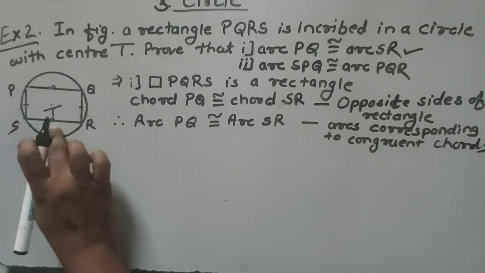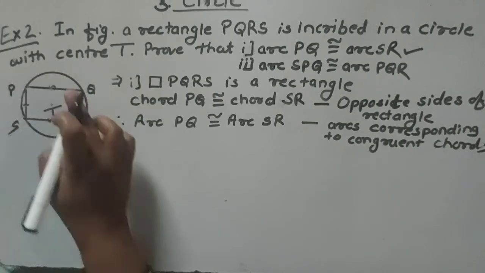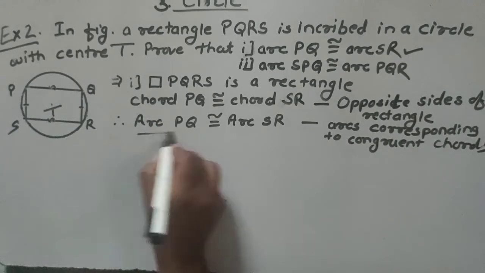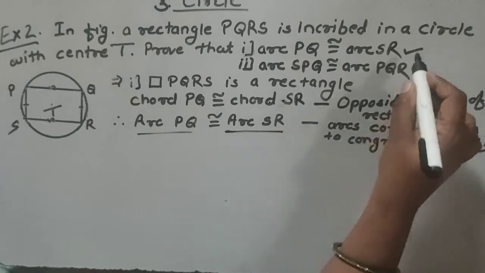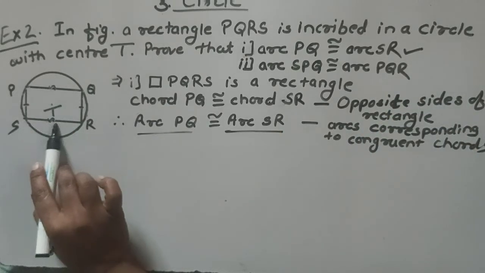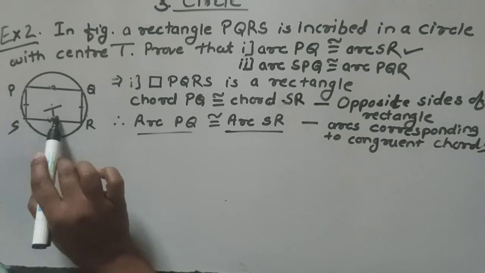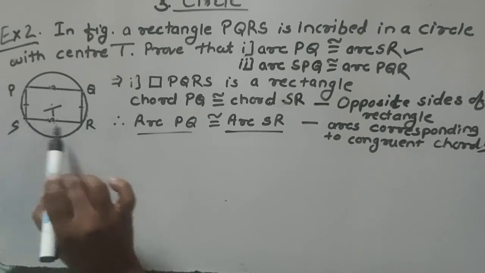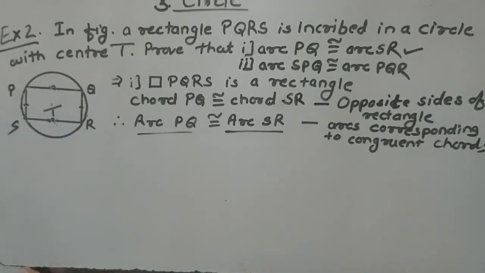In the last lecture we saw these two theorems: if chords are congruent, arcs are also congruent. I have repeated this many times. We use this property, and that is our first proof. We showed that these are opposite sides of a rectangle; if sides are congruent and they are chords of the same circle, their corresponding arcs are also congruent.